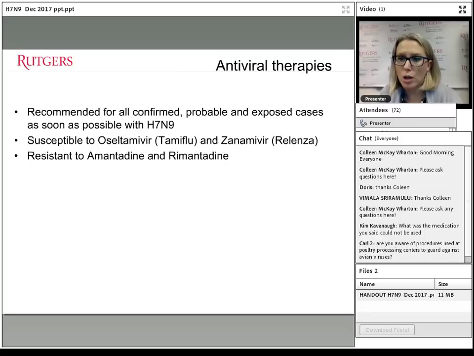And once you cook poultry, I should mention, the risk goes away. So if you cook the chicken and the eggs all the way through, influenza viruses are very easy to kill. And so it's not something you have to worry about if you're eating cooked food. It's really more of making sure that you're disinfecting areas and cleaning things appropriately.